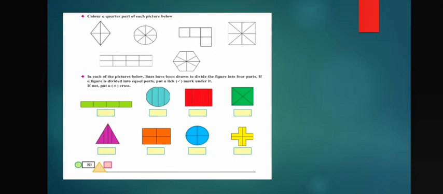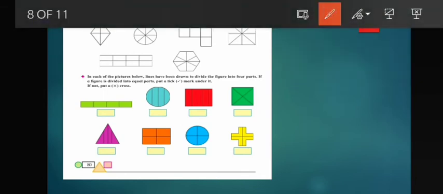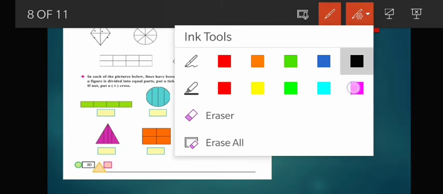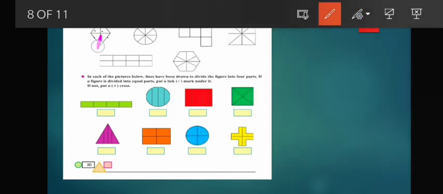Now, color a quarter part of each picture given below. So, let us count first. There are 1, 2, 3, 4. What is the quarter part of this? Quarter part, 1/4 part, no?